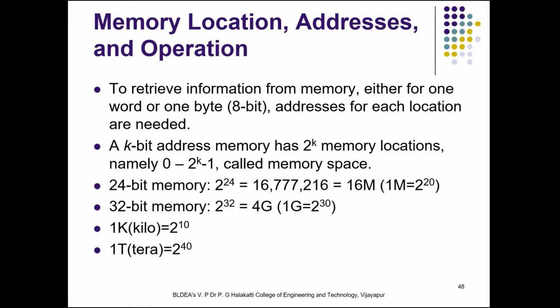Now, to retrieve information from memory, either for one word or one byte, that is, if I am representing ASCII, then one character will be stored in 8 bits, and a group of 8 bits we call a byte.